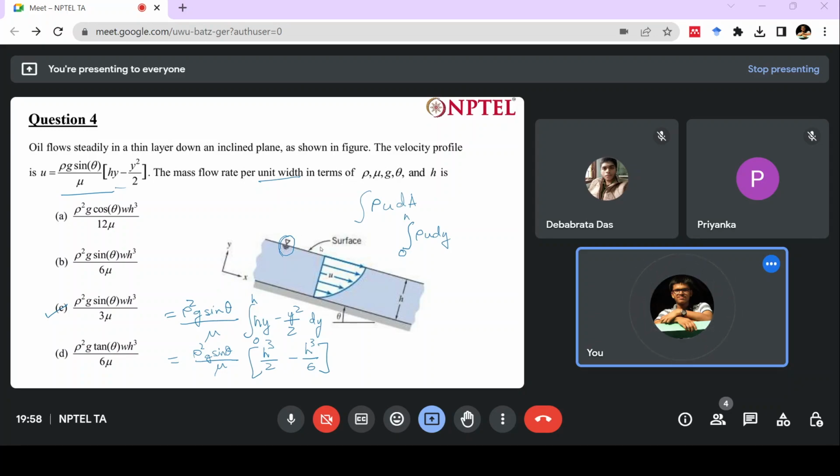Right? You can check that if you want. So del u del y at h is 0 for any shear stresses.